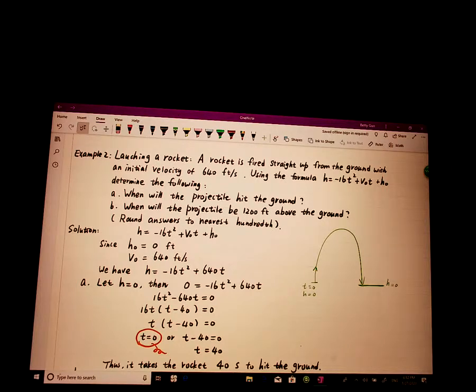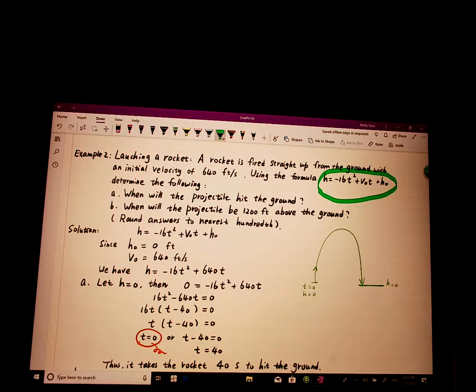Using the formula h equals negative 16 t squared plus v sub 0 t plus h sub 0, determine the following. We have two parts, A and B. A, when will the projectile hit the ground? B, when will the projectile be 1200 feet above the ground? Round answers to the nearest hundredth.